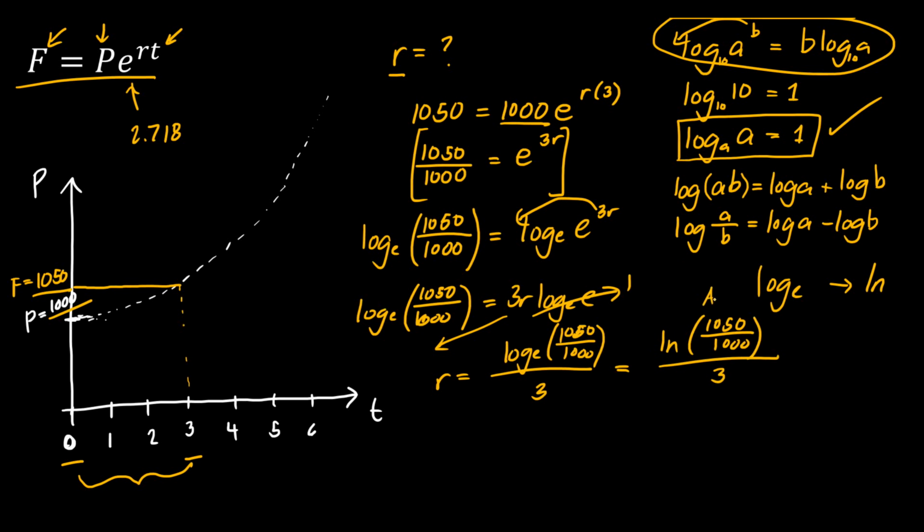You place here Ans, then enter, and then divide by 3. Or you can input this directly. So for this situation, the value of r here is 0.01626 per year.